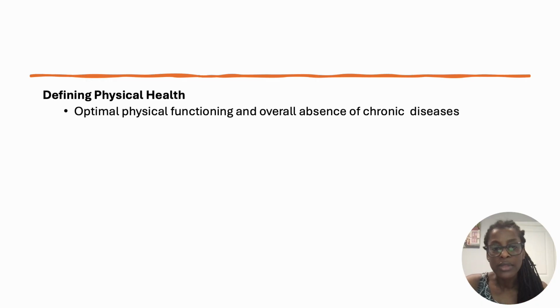physical health is optimal physical health, not just being able to function to a certain extent, but to function optimally to the point that you're able to complete various tasks in your day-to-day life, and achieve the goals you have for your life that require optimal physical function.